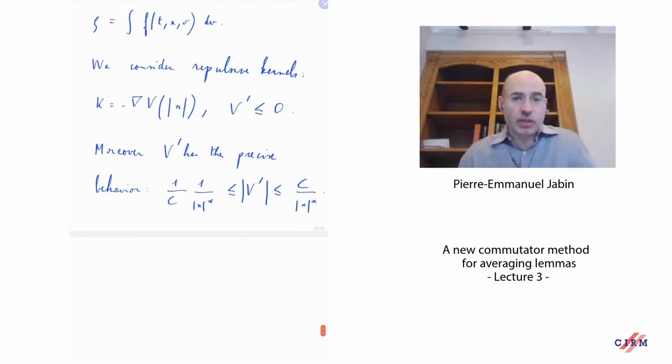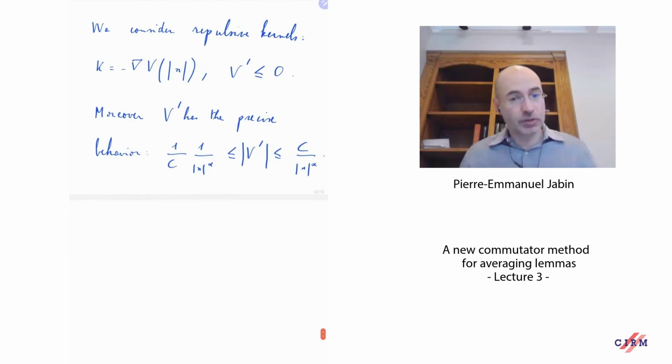Now, this contains cases like that of Poisson, for example. And in general, it contains a lot of interactions with Riesz type of potential.